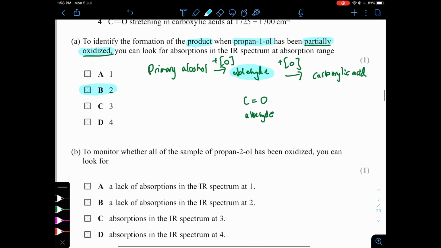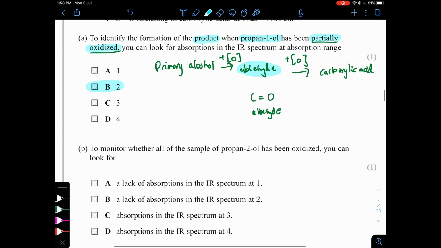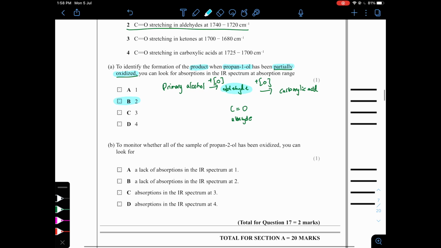Next, to monitor whether all of the sample for propan-2-ol has been oxidized, what can we look for? Now for propan-2-ol, what type of alcohol is that? That's a secondary alcohol. What happens to that? When we add oxygen, so we oxidize it, what happens to it? It turns into a ketone. Now the question is very tricky.